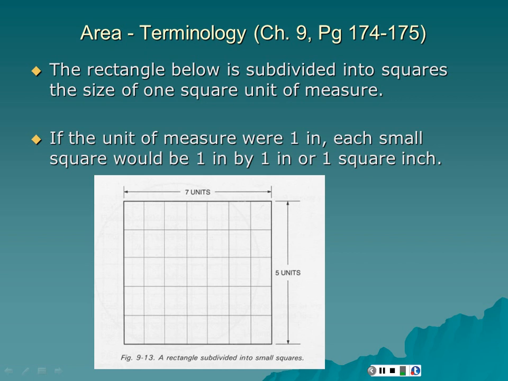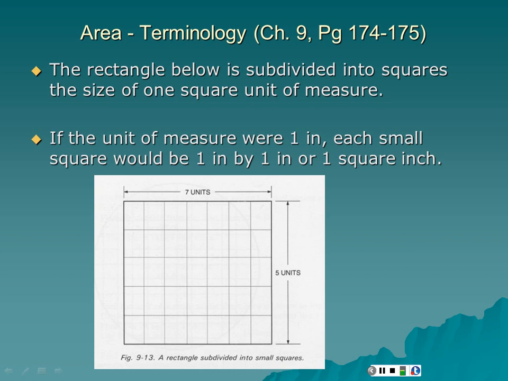So you have 7 rows. No, I'm sorry. Yeah, you have 7 columns. Since you have 5 units in the vertical direction, you will have 5 cells here, and you will have 7 cells along the horizontal line. So if you look carefully, you will see there are basically 5 rows and 7 columns, right? Because that's the only way you will have 7 units along the horizontal line and 5 units along the vertical line.